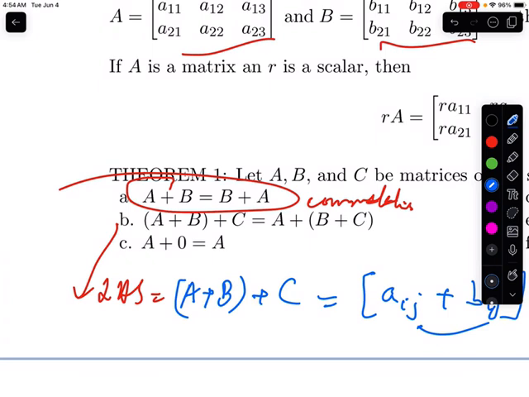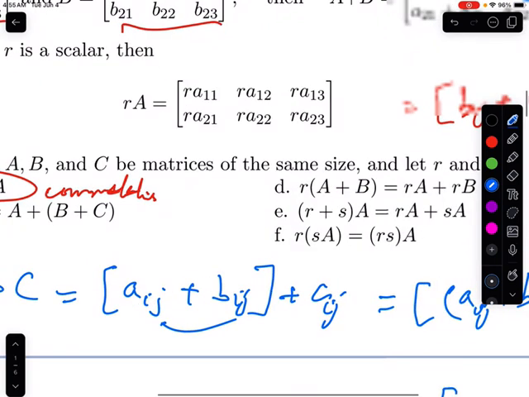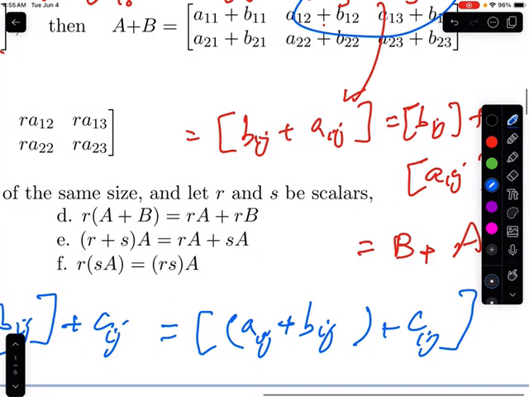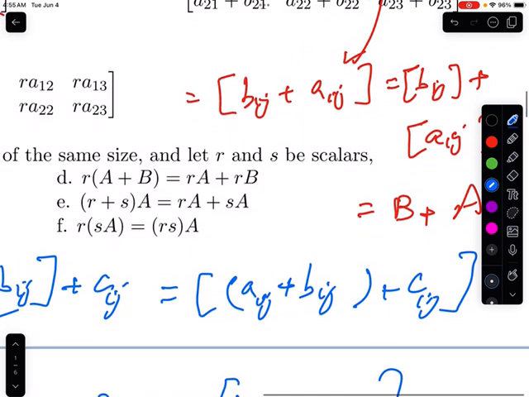The next result we need to show is that when you multiply a sum of matrices by a scalar, it gives you the same result as if you multiply each matrix by the scalar and then add them.